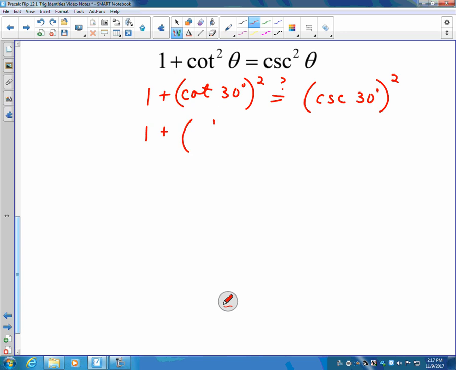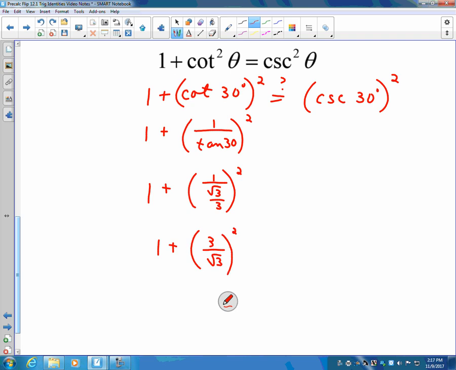So cotan is going to be 1 over the tangent, right? And that is going to be 1 over radical 3 over 3. By the powers of keep, change, flip inside there, I'm going to get that.